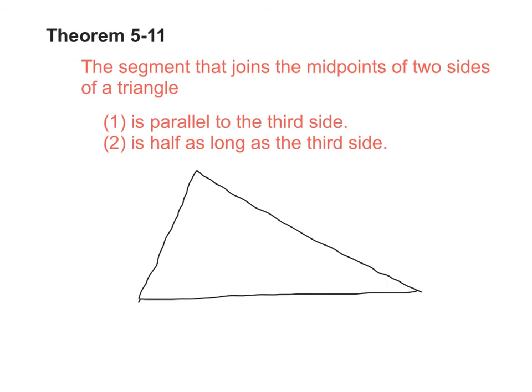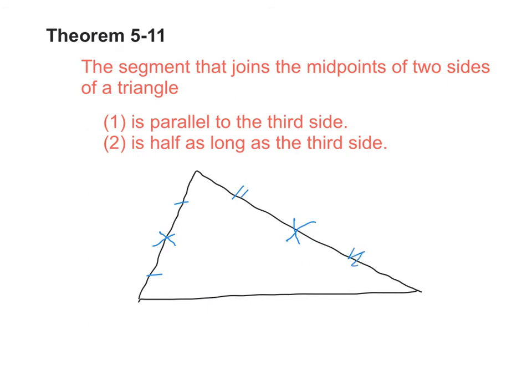All right, so what does this say? Okay, we're going to have a segment that joins the midpoints of two sides of a triangle. So let's see, we've got right here is a midpoint, and right here is a midpoint. Okay, because we know that this equals this, and this equals this.